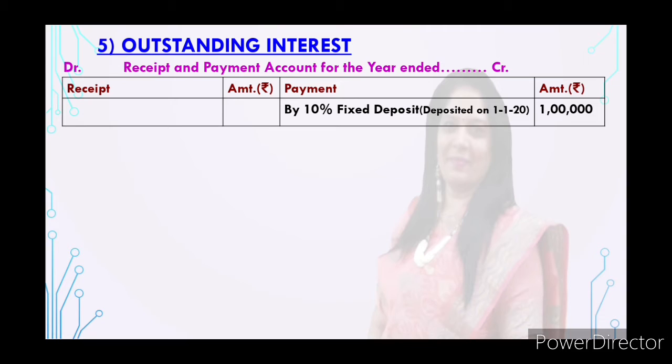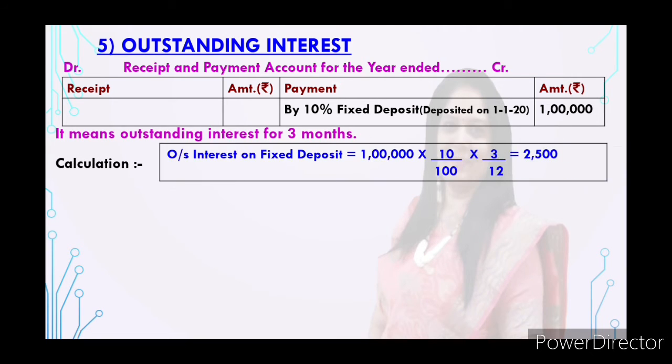On 1st January it is deposited, and 10% indicates the rate of interest. It means 10% interest will be calculated for 3 months, from January to March, on rupees 1 lakh. It means outstanding interest for 3 months.